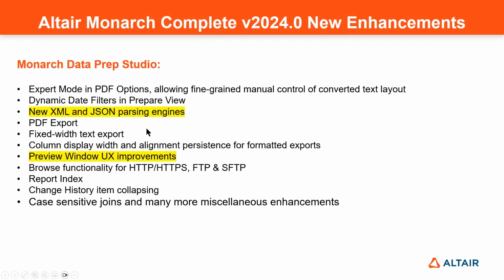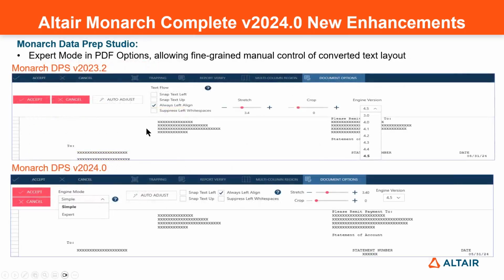Let's go to the next slide, which covers one of the biggest improvements made in version 2024: working with PDF documents. Previously in version 2023, when you loaded a PDF in Data Prep Studio, you could select different PDF engines as listed here, and depending on which engine you used, some of these options would change.